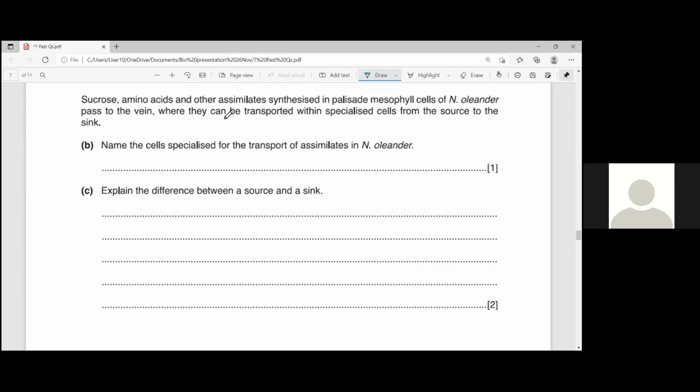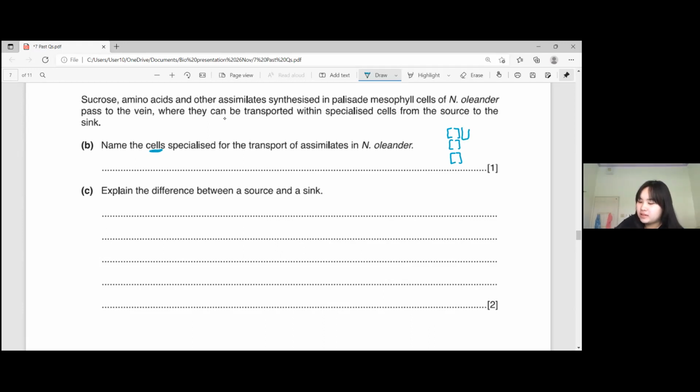Is it the CPU? Sieve tube is the tissue name, and here is the cell. Oh, companion? Is it the companion cell? No, it's not the companion cell.